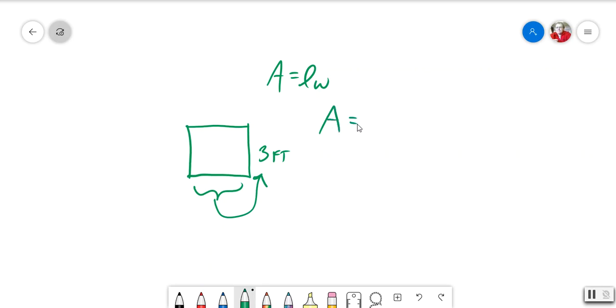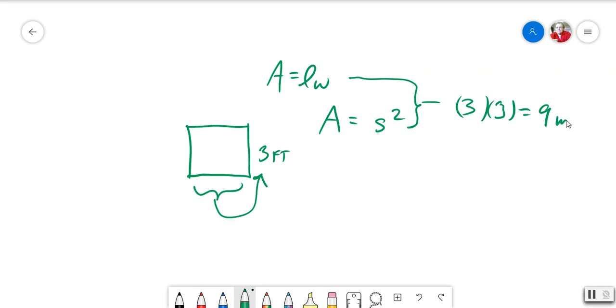So sometimes for a square, we say s squared, side times itself. It's exactly the same, different ways of looking at the same thing. We're going to get 3 times 3, which is 9 square feet. Simple as that.